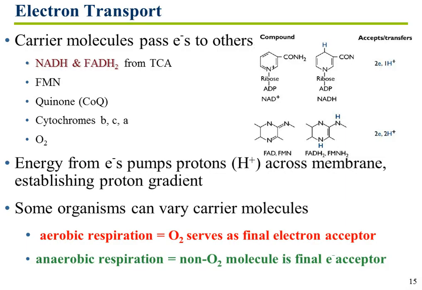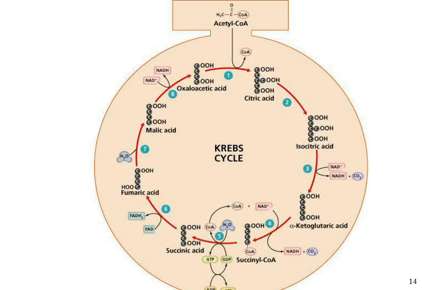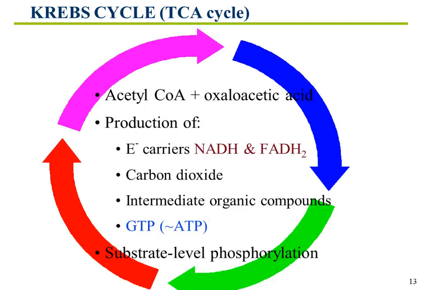Okay, so what have we done in aerobic respiration? Let me go back to this. All right, we made a lot of NADH, many molecules. We've made a couple of FADHs. We made bunches of CO2. We made a bunch of intermediate organic compounds like ketoglutaric acid, succinic acid, and malic acid.